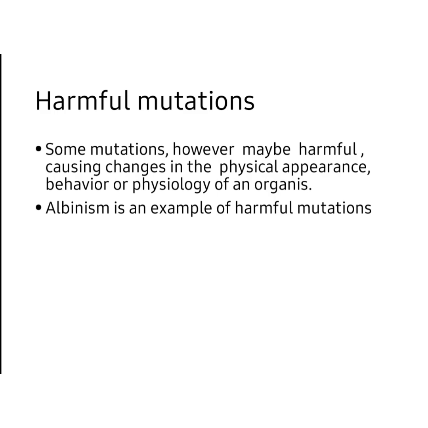We all know that people who are born with albinism lack the dark pigment called melanin. So albinism is harmful to the organism, whereby they have problems with their eyesight and skin irritation. This is harmful because what their skin is supposed to be is changed.